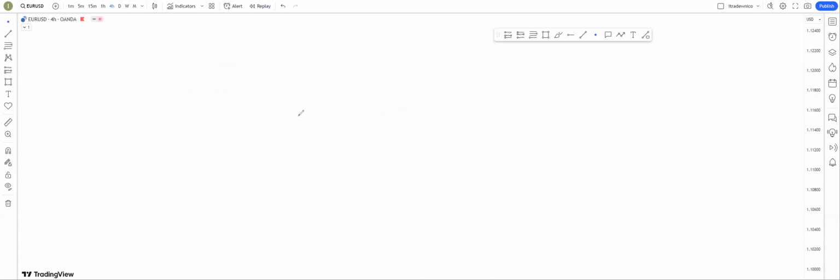Now I won't cover why there is liquidity resting above and below, right? But the main logic behind liquidity is that these are areas where traders leave their stop losses and orders. So basically, there are breakout traders and support and resistance traders, all interested in these areas.